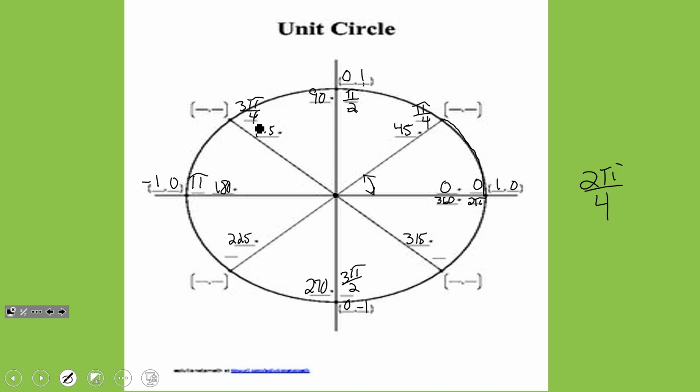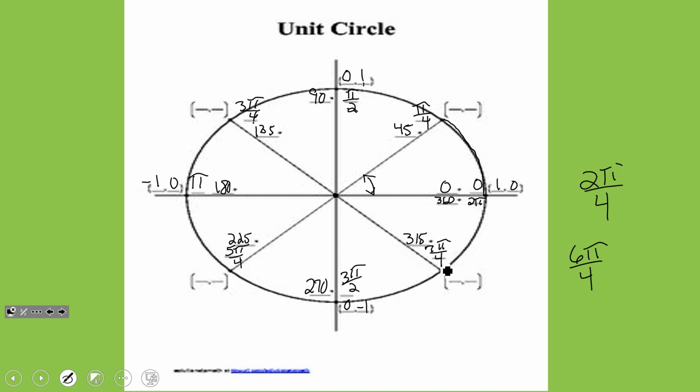This would be 5 pi's over 4, this would be 6 pi's over 4, which reduces to 3 pi's over 2. This would be 7 pi's over 4, and finally 8 pi's over 4, which would be 2 pi.